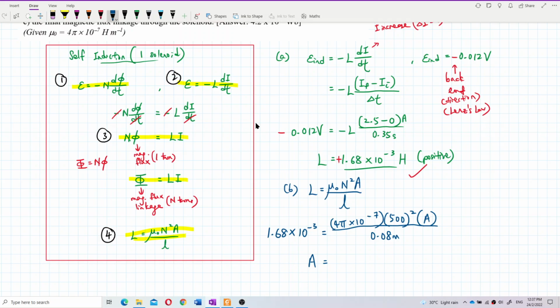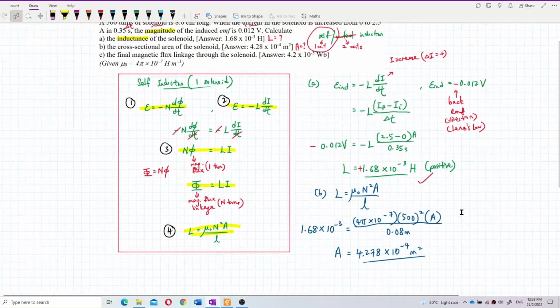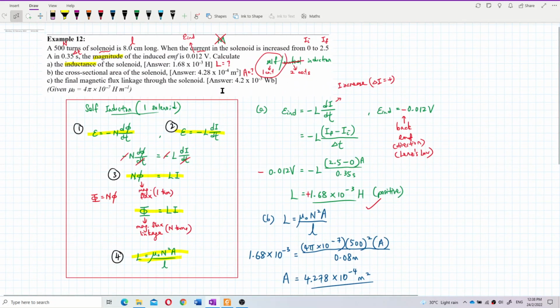So the answer is 4.278 exponent negative 4 meter square. Is the answer correct? Yes, that's correct. Already changed to meter. My answer is correct.